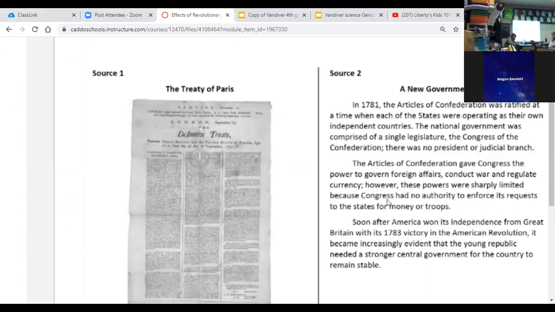Source 2, a new government. In 1781, the Articles of Confederation was ratified. To ratify means to agree upon, at a time when each of the states were operating as their own independent countries. So let's think about that for a minute.